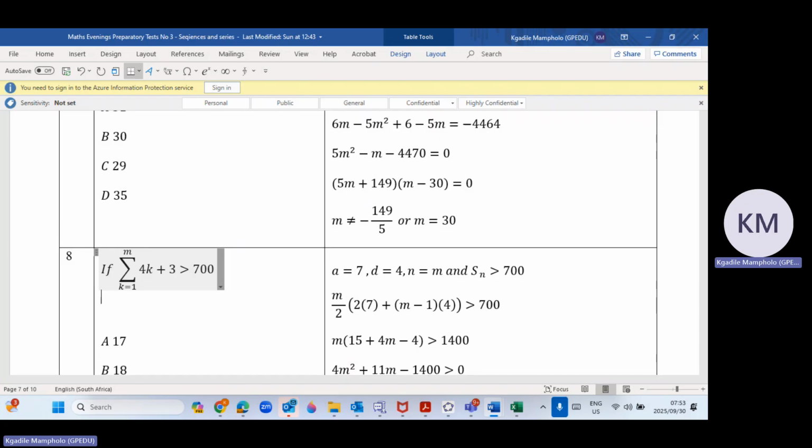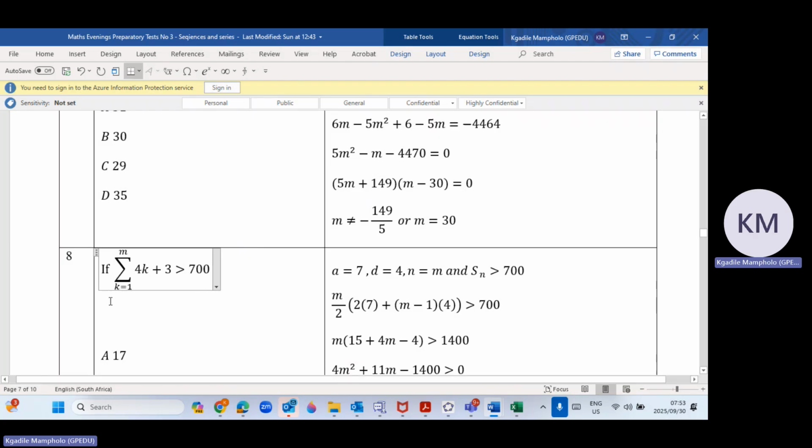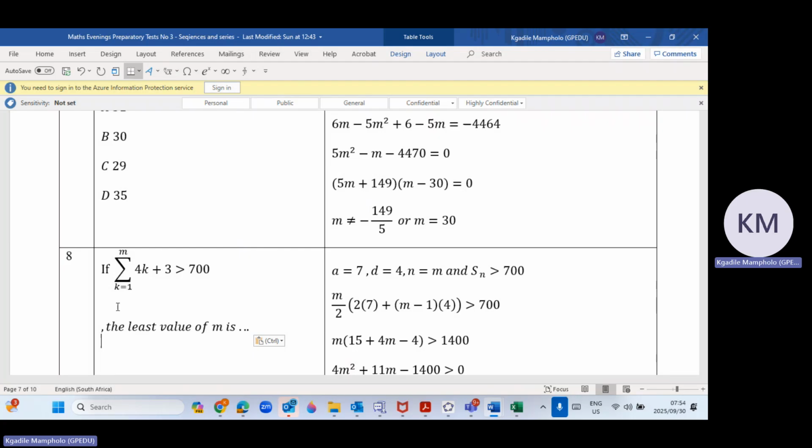Here you are given that the sum of m terms is greater than 700.